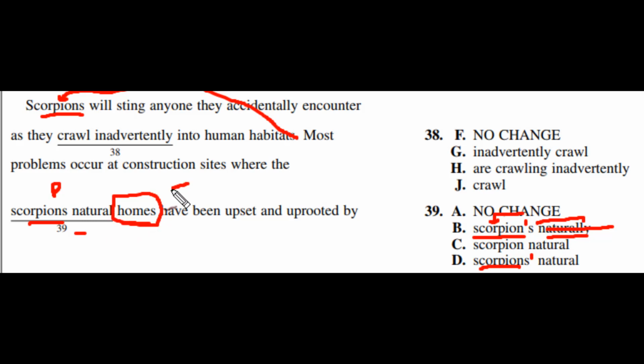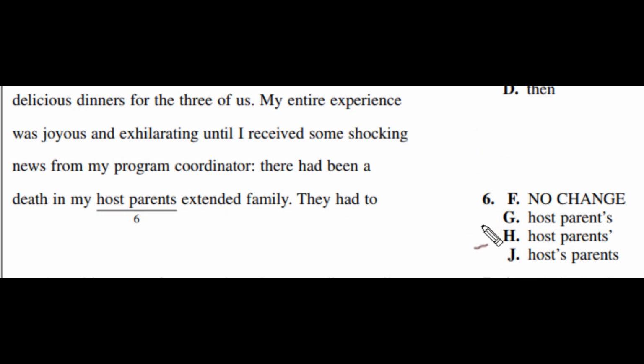See how that's plural as well? Scorpions own their own natural homes. Answer choice D. Answer choice C says it's a single scorpion owning homes. That doesn't work. And answer choice A and answer choice C have no possession. 39D.